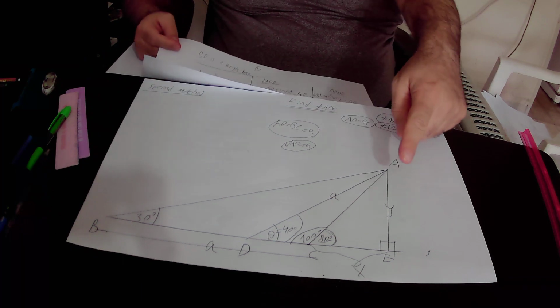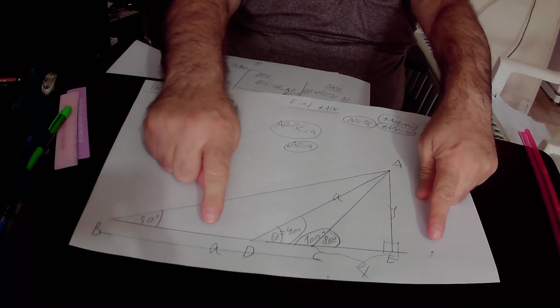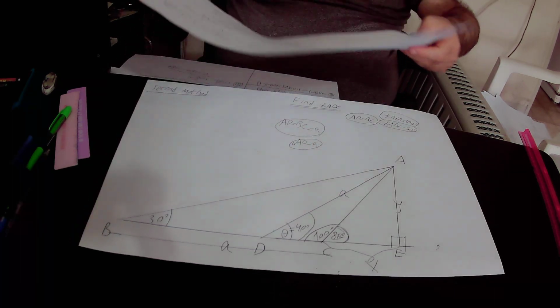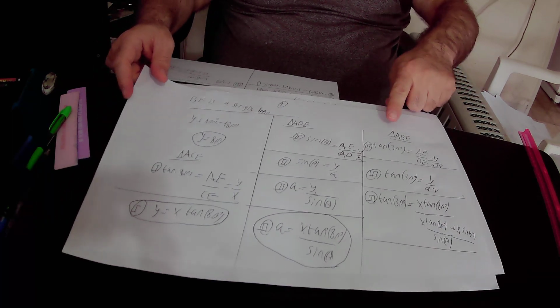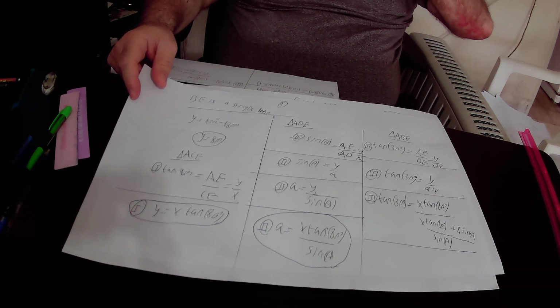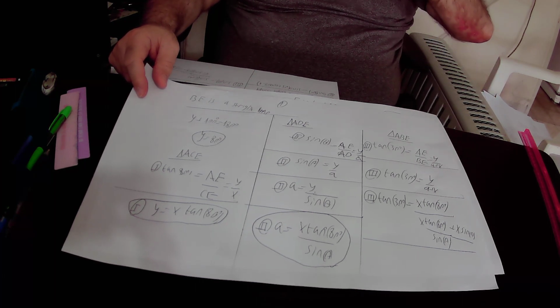AE equals Y. And what is the value of BE? BE equals A plus X. So in conclusion, in triangle ABE, tangent 30 degrees equals Y over A plus X.